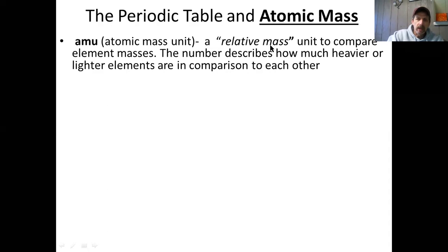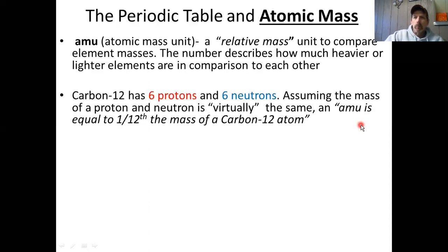So on the periodic table where we find this data called atomic mass, it is what we would call a relative mass. Okay, well, what is an atomic mass unit? If we were going to oversimplify, it's virtually the same mass as either a proton or a neutron. So if we can assume and accept that a proton and a neutron have identical mass, which they don't, they're very, very, very close. They're just not identical.